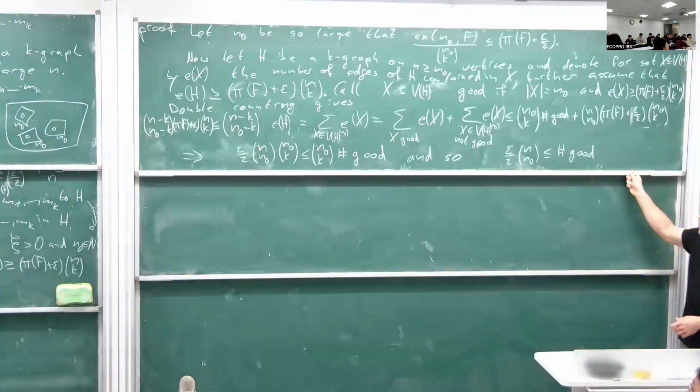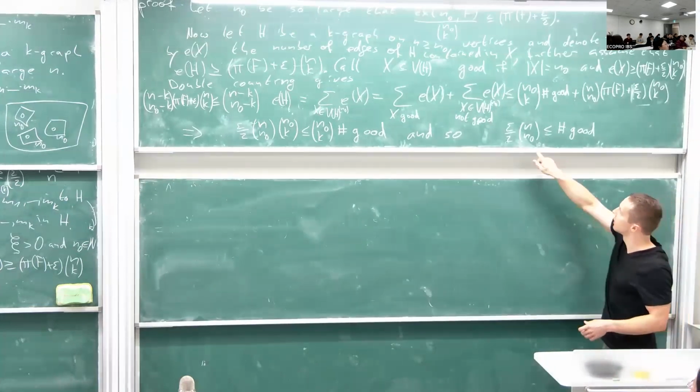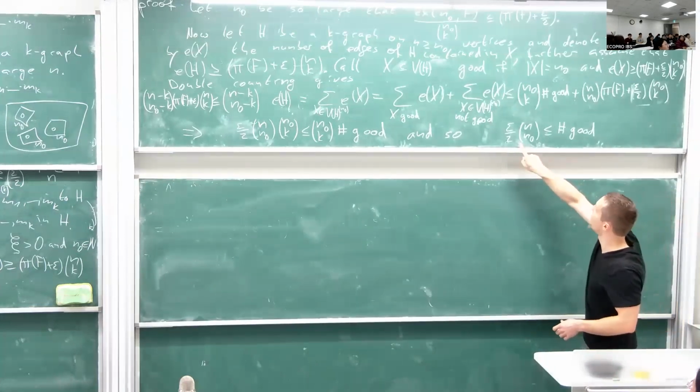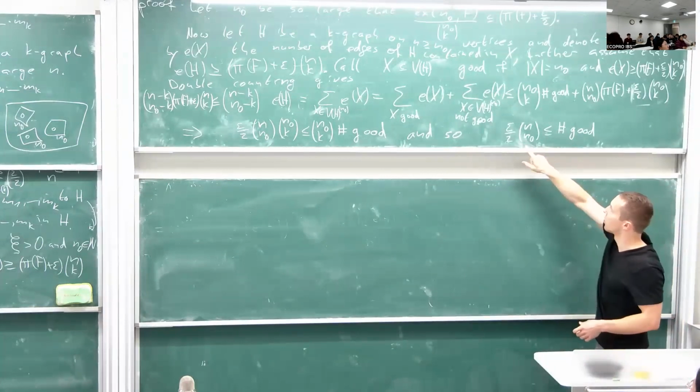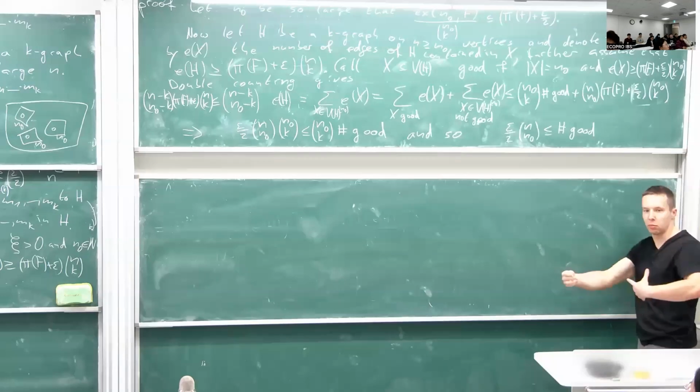Okay, so again, this is already looking promising, because we showed that the number of good sets, which are sets of size n0, are of the right proportion.